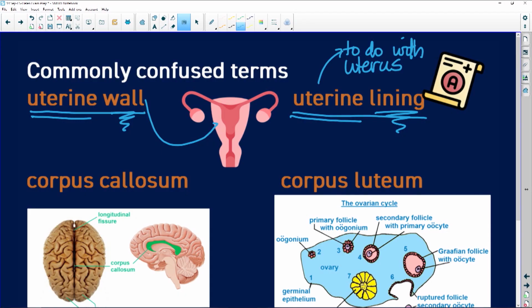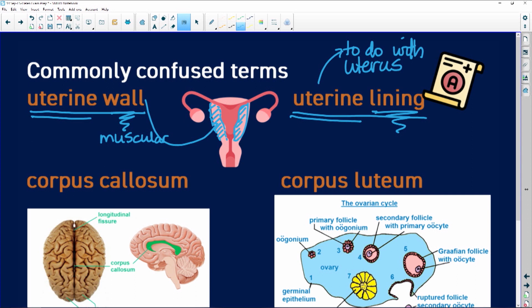The uterine wall is the thick, muscular wall of the uterus. I'm taking it now and I'm shading it in with little blue stripes. That is the uterine wall, and the uterine wall is very muscular.